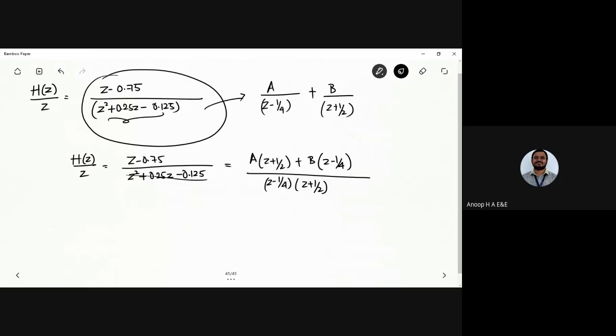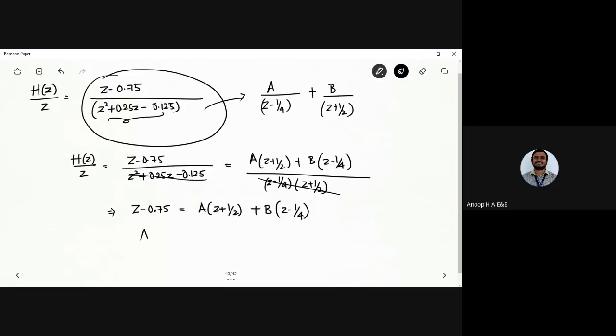Okay, everything gets cancelled over here, so you will be getting z minus 0.75 equal to A times (z plus 1 by 2) plus B times (z minus 1 by 4). That's how you are going to get this.